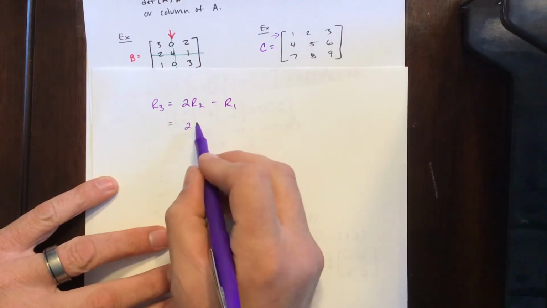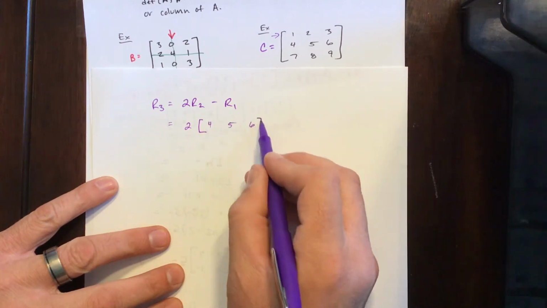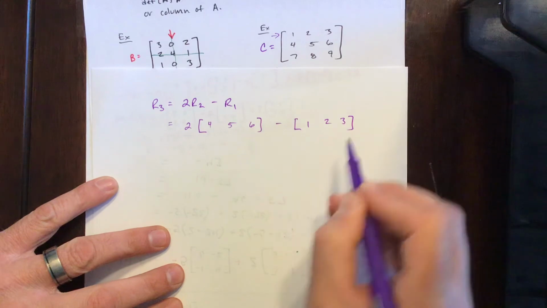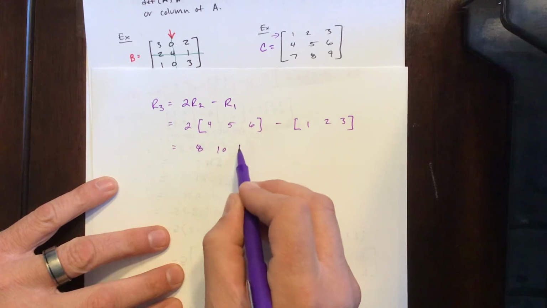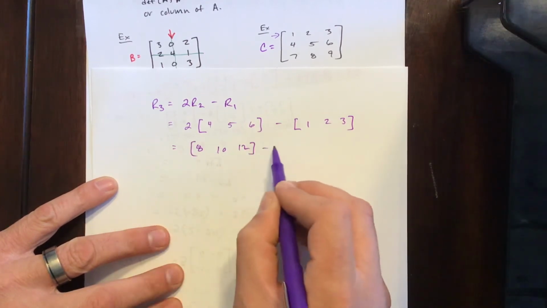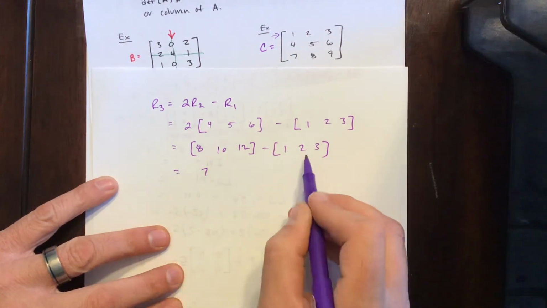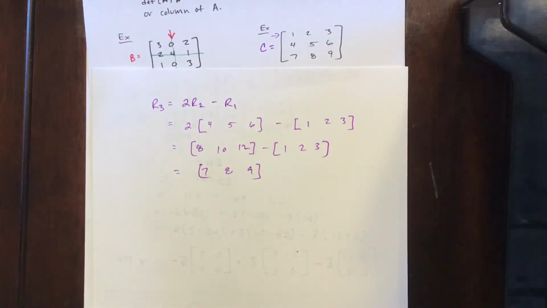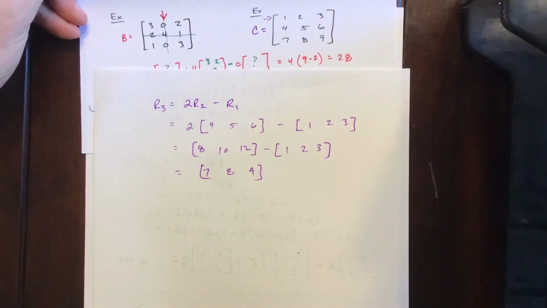Because what's 2 times row 2? 2 times row 2 is 2 times 4, 5, 6 minus row 1, 1, 2, 3. What does that give me? That gives me 8, 10, 12, minus 1, 2, 3. 8 minus 1 is 7. 10 minus 2 is 8. 12 minus 3 is 9. And that is what row 3 is. Pretty good. Okay, so you can see that there is a relationship between rows 1, 2, and 3 of that matrix.